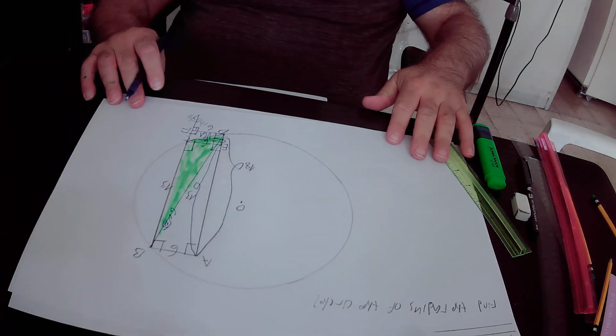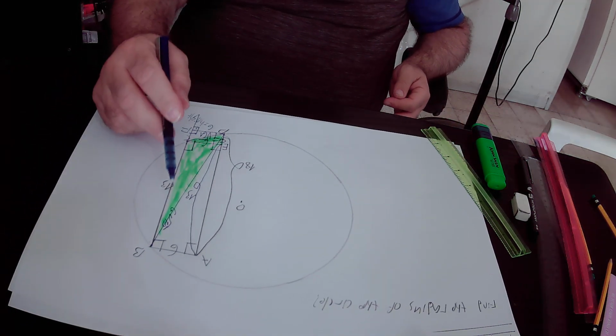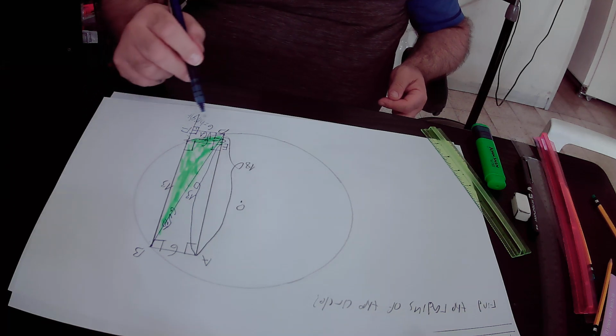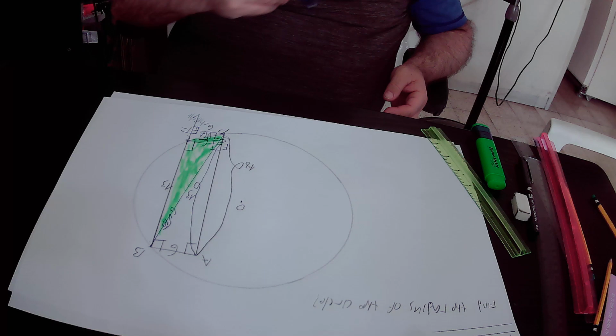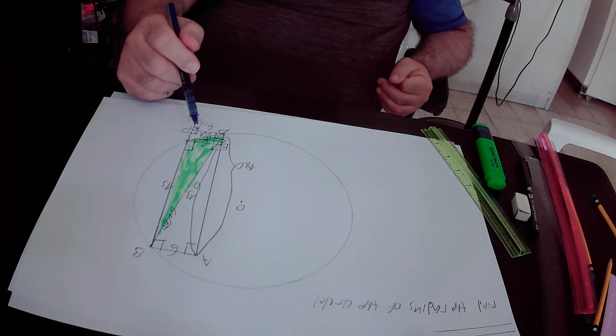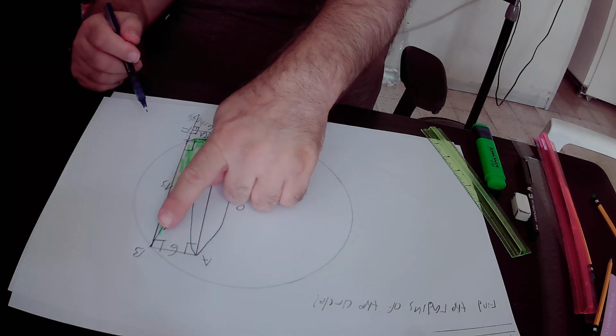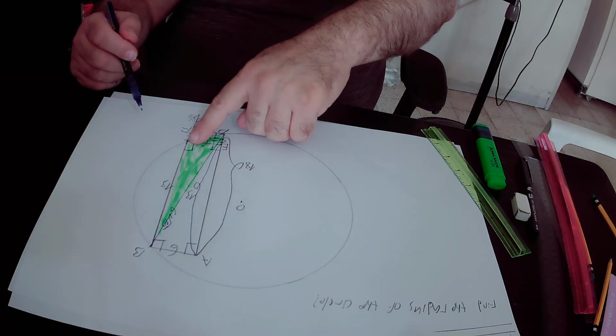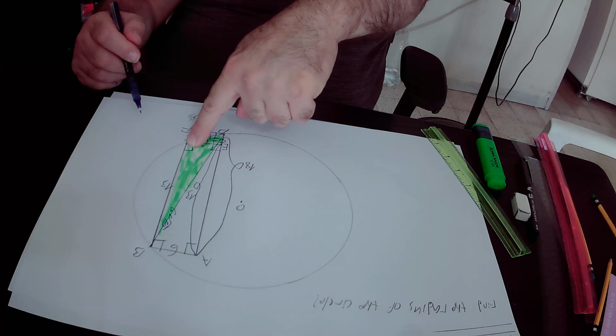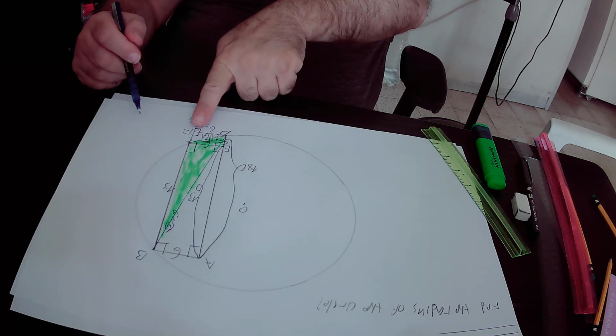Why? Because the green triangle BCD is blocked by this circle. Why is it blocked by this circle? Because this vertex touches the circle at point B. This vertex touches the circle at point C, as you can see here.